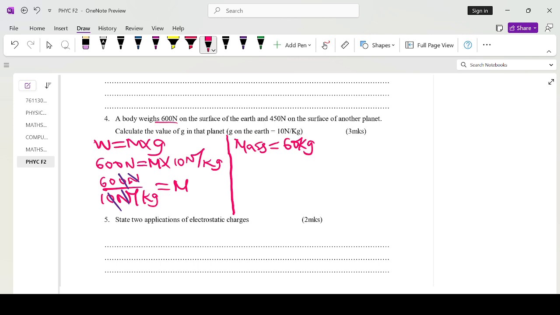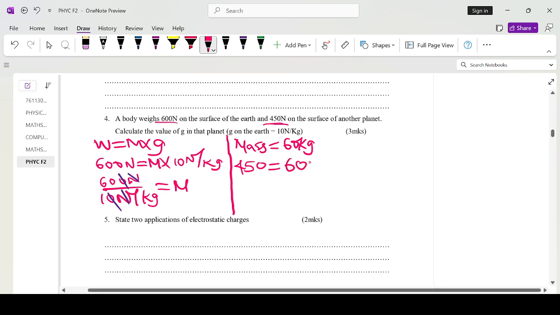Now they say the same body weighs 450 newtons on another planet. Because this is a weight, remember its mass will just remain the same. There is a change in the force of gravity. How do you work it out? Weight, which is 450, should be equal to the mass, which I've now gotten as 60, times the gravity, which you are looking for.